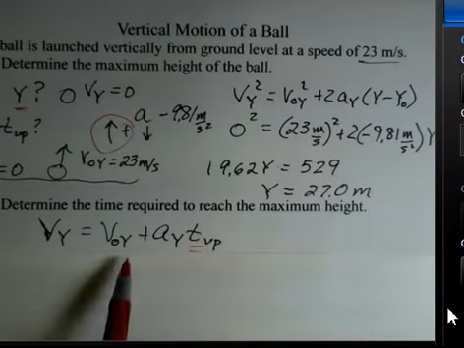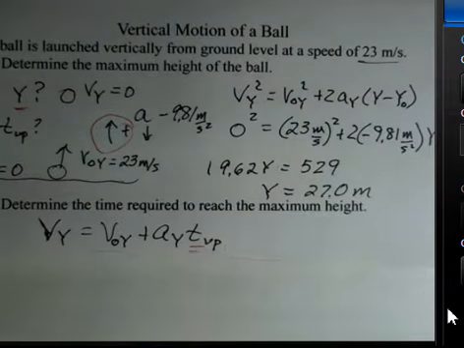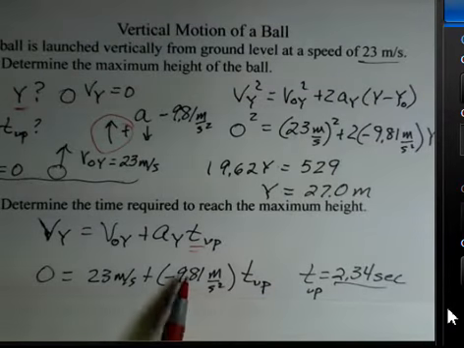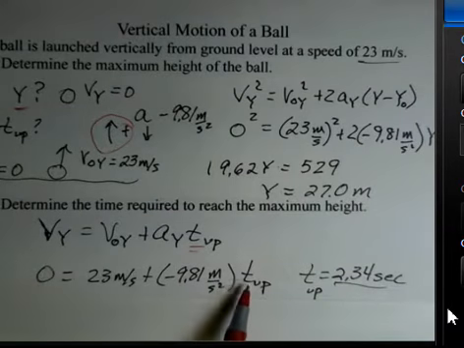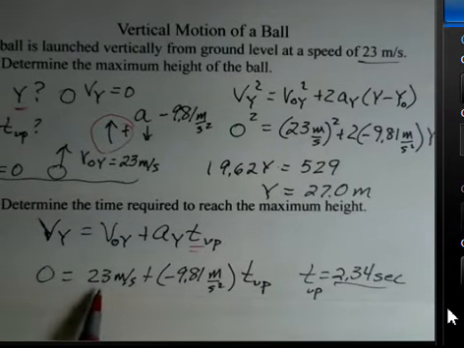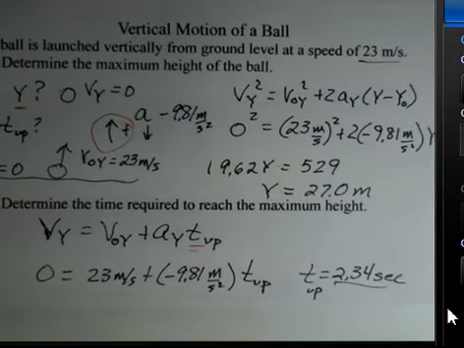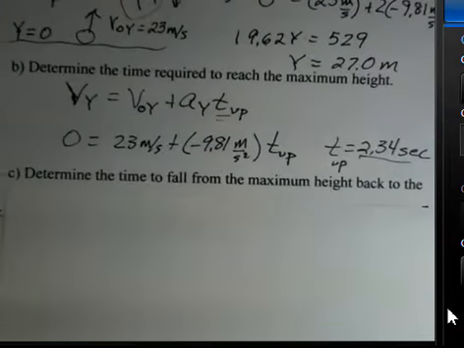We have information on the other 3 variables, so we put those in. 0 for the final velocity, 23 meters per second, and this is positive. Minus 9.81 for the acceleration. We simply add 9.81t to both sides, then divide 23 by 9.81, and approximately 2.34 seconds is the time required to get to the top.